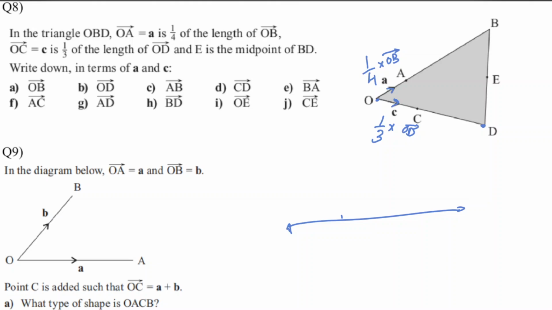So the rest, 2 parts, will be 2/3. Correct? The whole part will be 3. Out of that, 1 part is here and 2 parts are here, right?